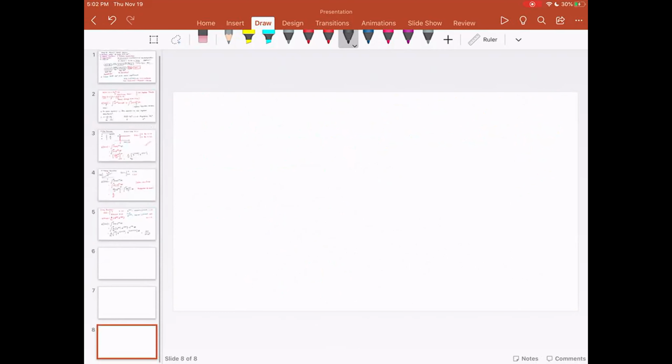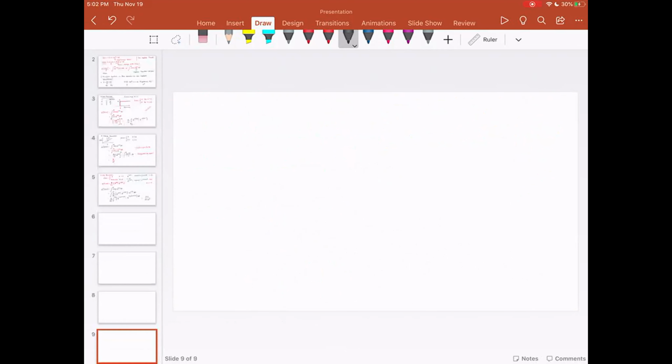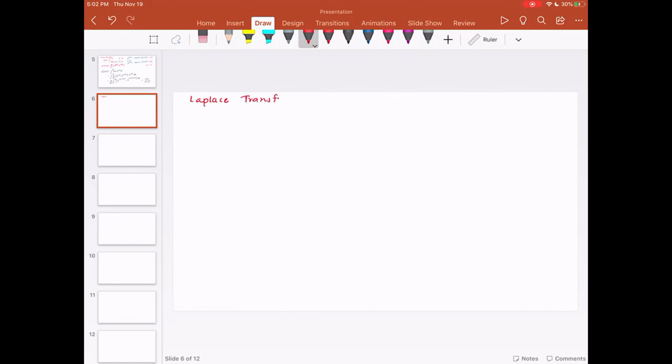Now, if you have a lot of time, you can very well find the Laplace transforms of many functions. But for practical purposes, we have something called Laplace transform tables.